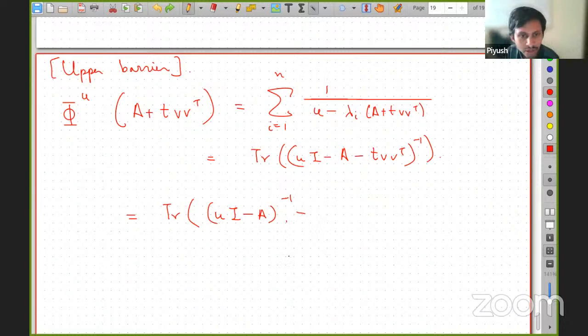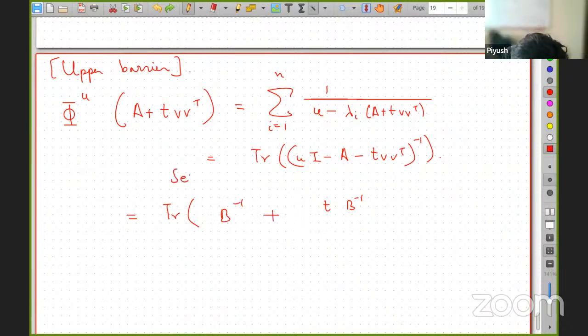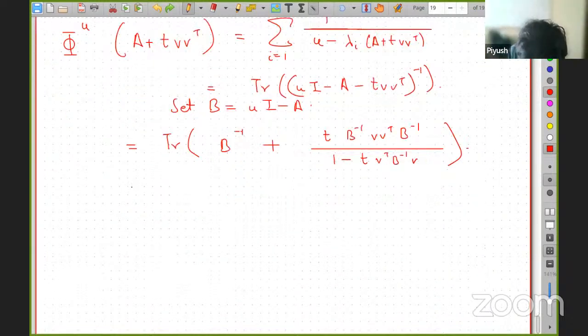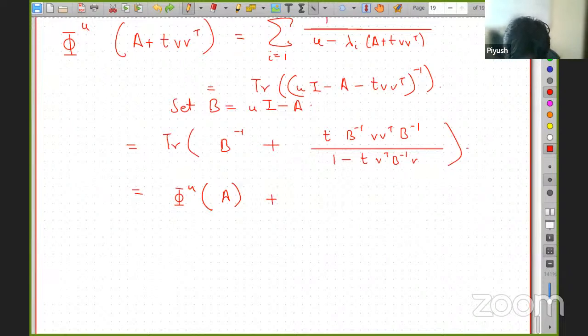Let me call this B, so we get B inverse plus t times B inverse VV transpose B inverse, over 1 minus t times V transpose B inverse V. But the trace of B inverse is exactly phi u of A, so plus the trace of this term.